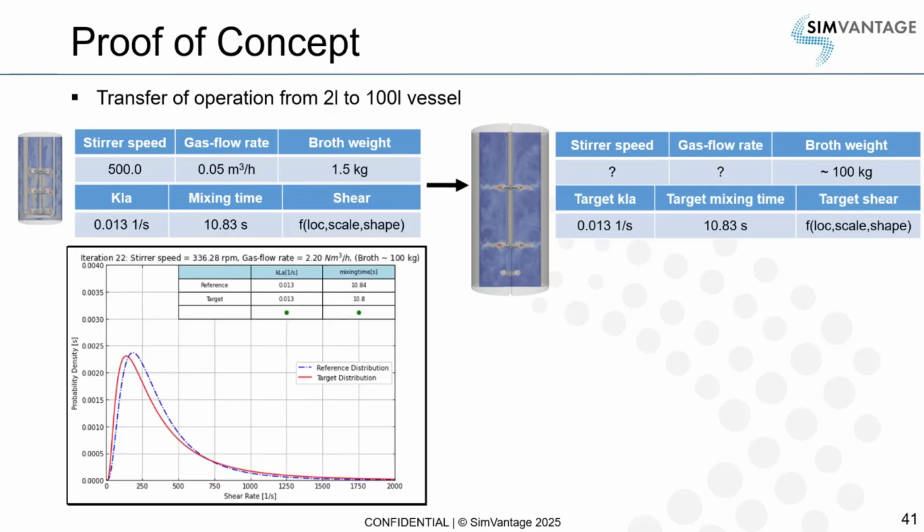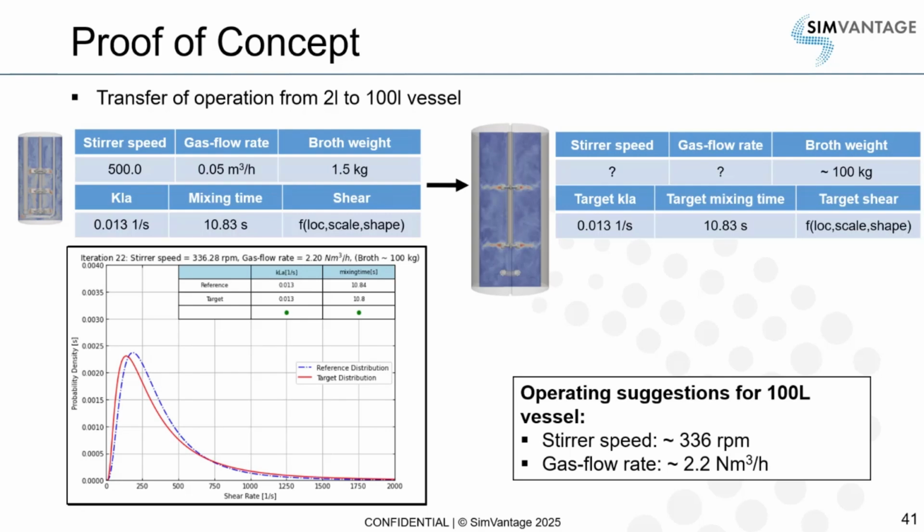But after the 22nd iteration of our optimizer, you see that we have a very good agreement between KLA and mixing time, and also the shear rate distribution matches. Therefore, you know the stirring speed and the gas flow rate that give you a very good agreement between those two reactor processes.